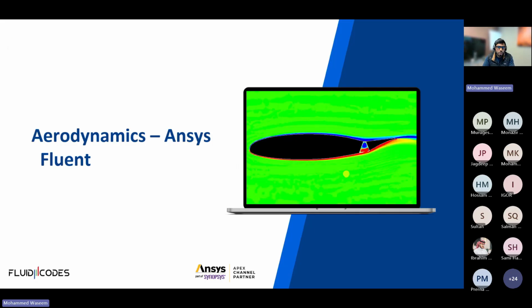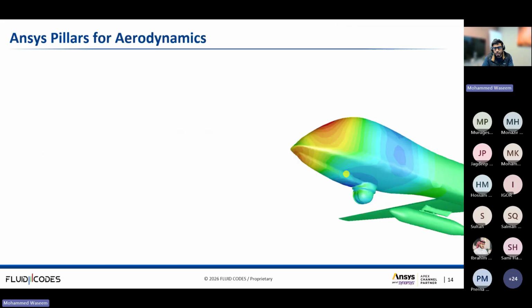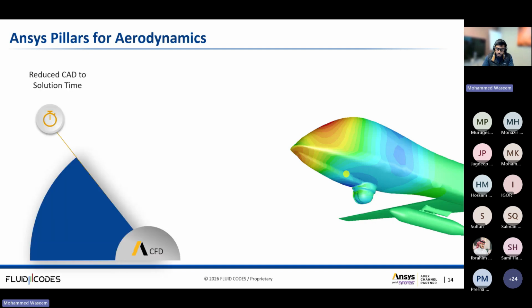Now, let's talk about aerodynamics, ANSYS Fluent. On the aerodynamics part, we use CFD in order to evaluate the key flight conditions, and here we predict the resulting aerodynamic forces. So what do we do?